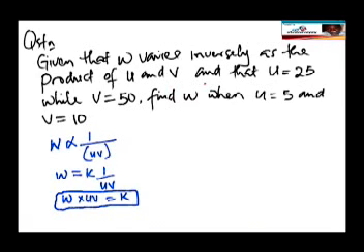But let's see if we are duplicating here. They said that U is equal to 25, while V is equal to 50. Find W when U is equal to 5. Oh no, that's not the correct question. There's a problem with this question in the sense that we're not given W. The first value of W was not given. This is the U1 and this is the V1, and the U2 is given also as 5 and V2 is given as 10.